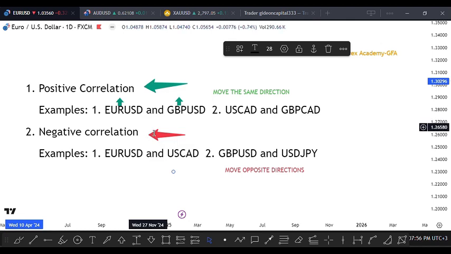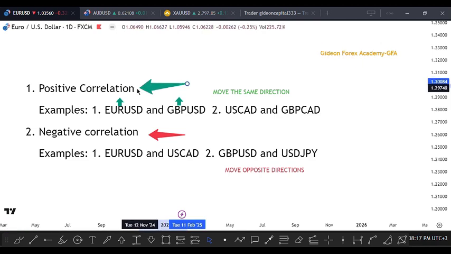It means when you are buying EUR/USD, GBP/USD is also likely a buy. The direction of the market is usually the same for both these pairs, because they have what we call a positive correlation. They move in the same direction. If one is bullish, the other one is also bullish.